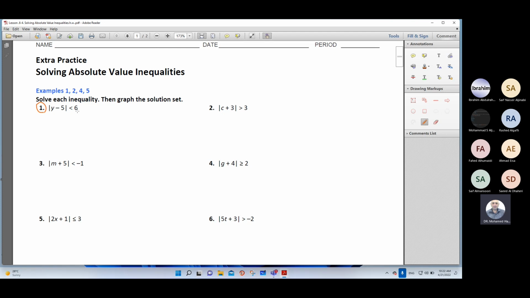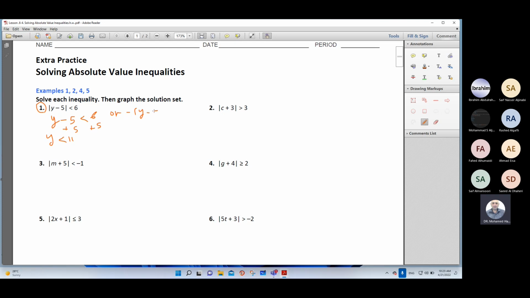Okay, check with me now. The first case, take the same value, means non-negative. y minus 5 less than 6. Solve this inequality. We can add 5 here and here, so y less than 11. The second case, if the value here will be negative, means multiply by negative.